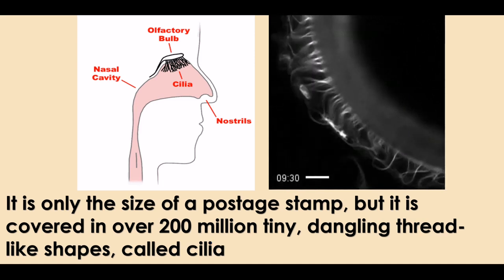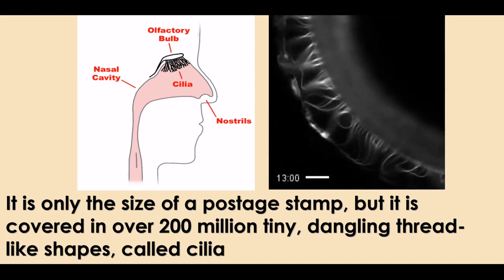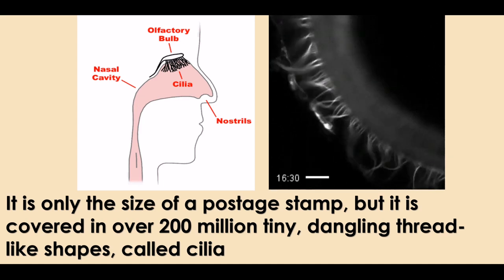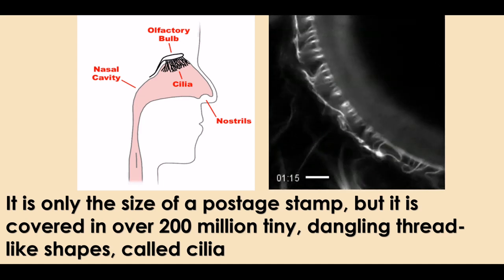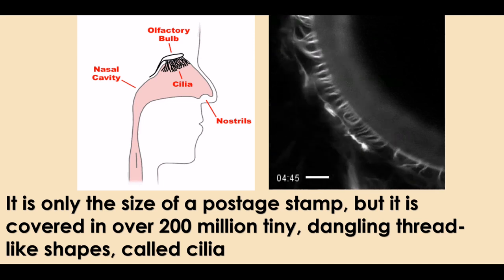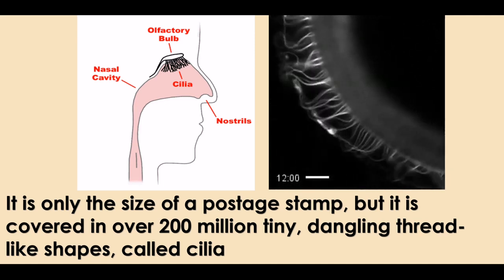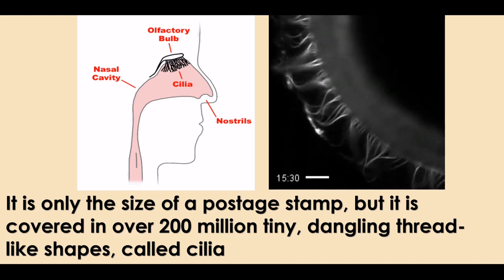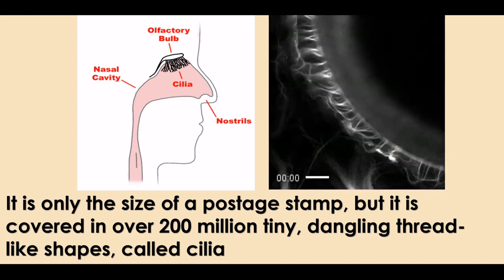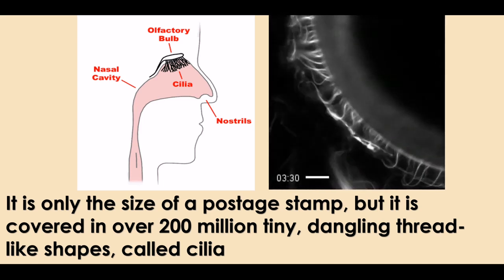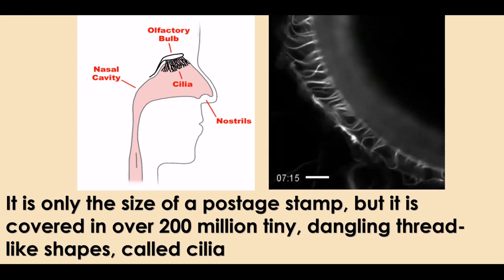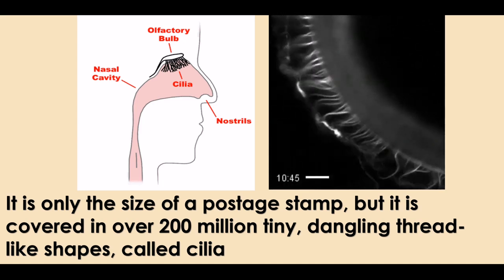There are about 20 types of cilia. Each one detects different types of smells. When a smell wafts up your nose, it triggers a particular combination of cilia. They send signals along neurons to your brain, and your brain analyzes the information to work out exactly what the smell is.